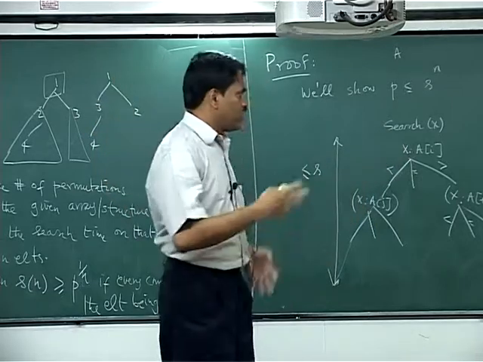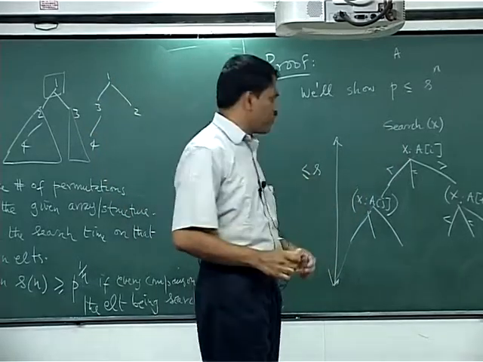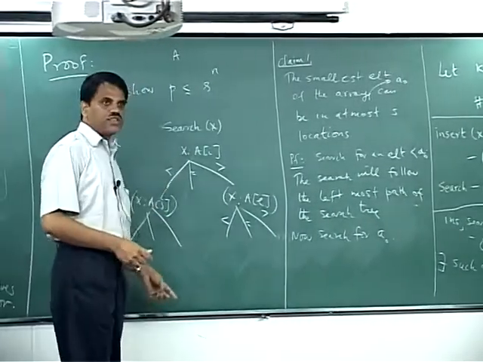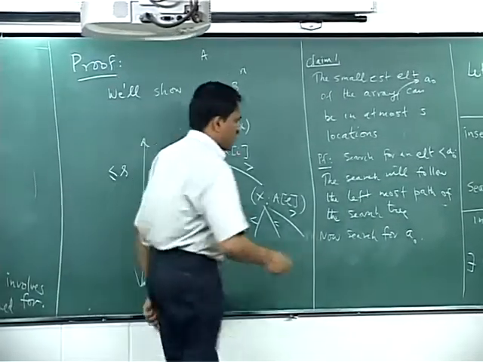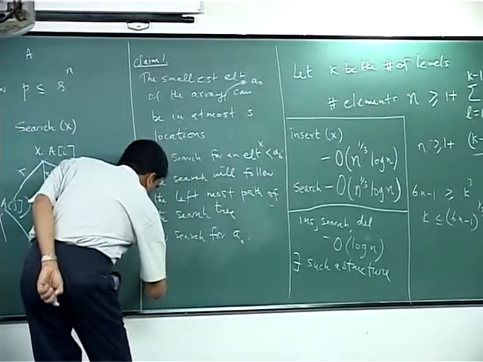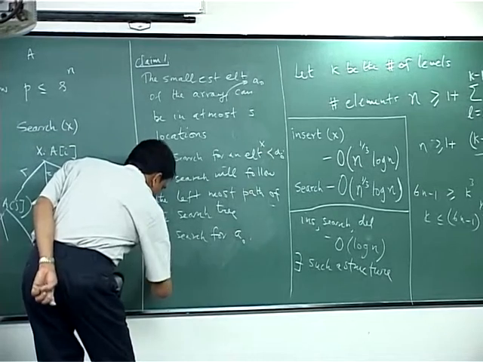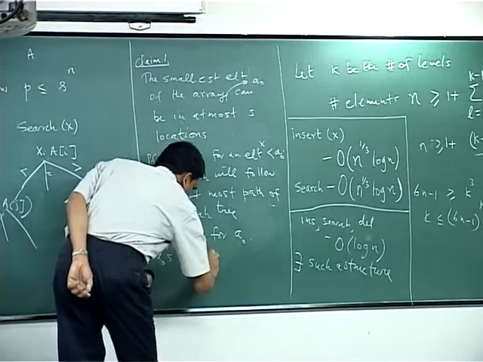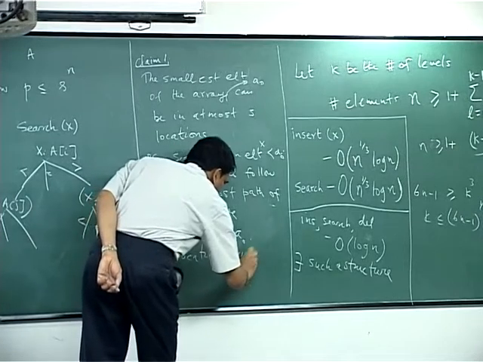So, putting all this together, what am I saying? a0 must be in the search path of x. Then a0's location must be in the search path.